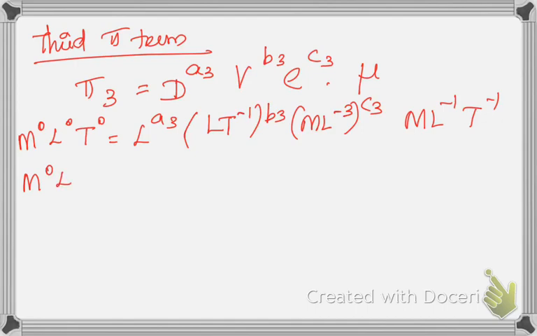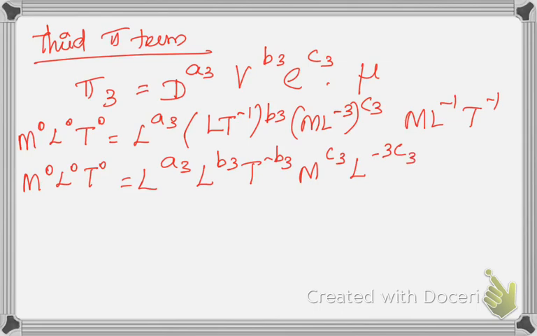Again I am rewriting it as L power a3, L power b3, T power minus b3, m power c3, L power minus 3 c3, m L power minus 1, T power minus 1. Now again we are going to equate the powers of m, L and T on both the sides.